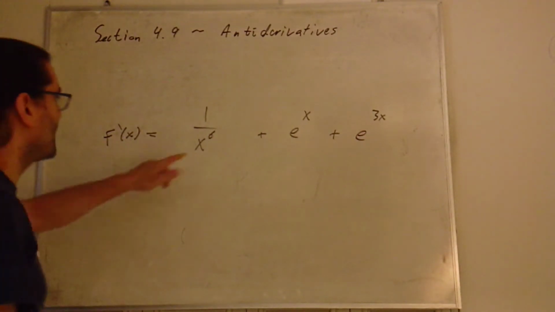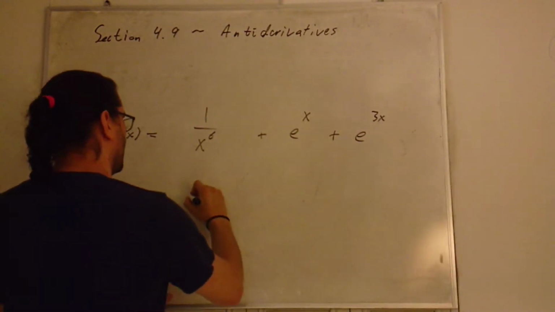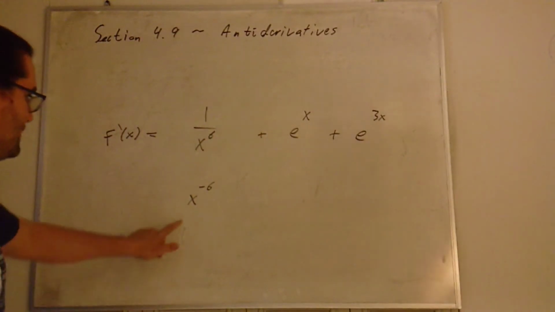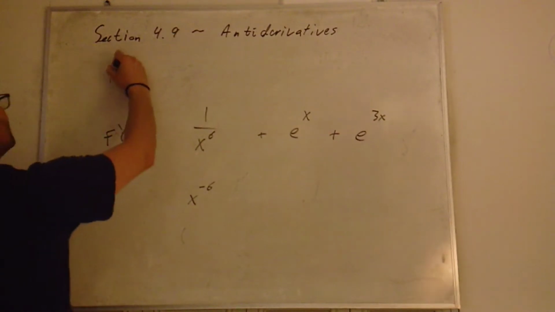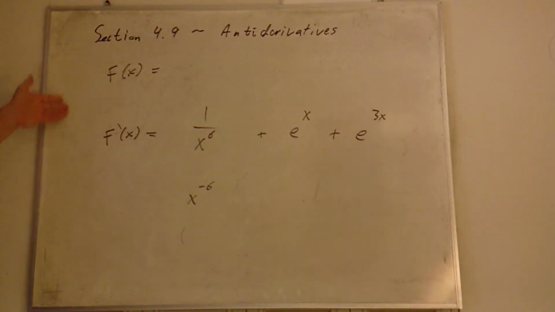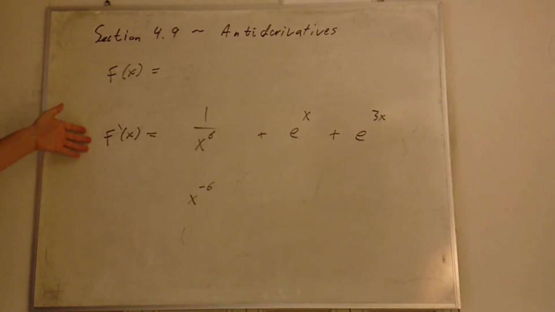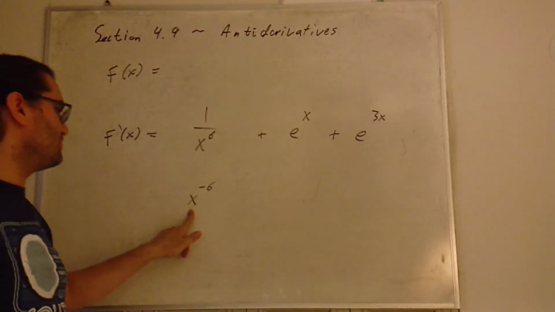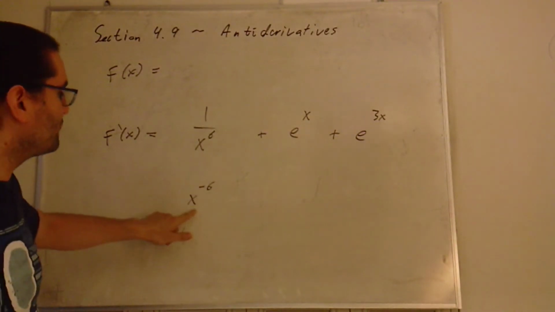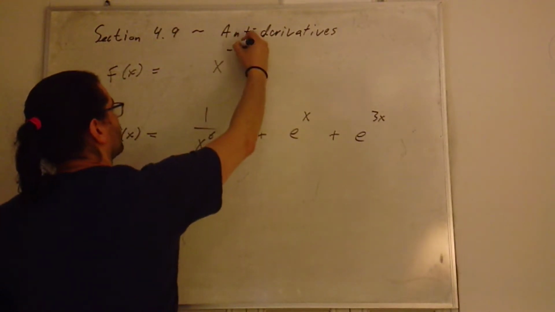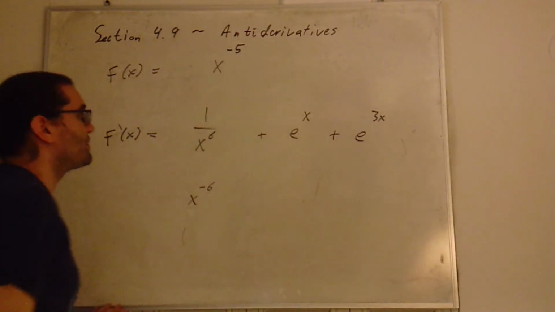Okay. 1 over x to the 6th is the same as x to the negative 6th, which means that if we want to find the original function that has this as its derivative, we need to find the function where you subtract 1 from the exponent and it becomes negative 6. So that'll be an x to the negative 5th.